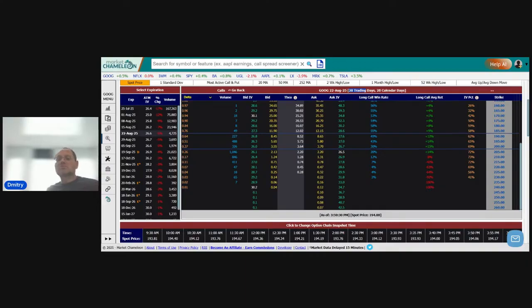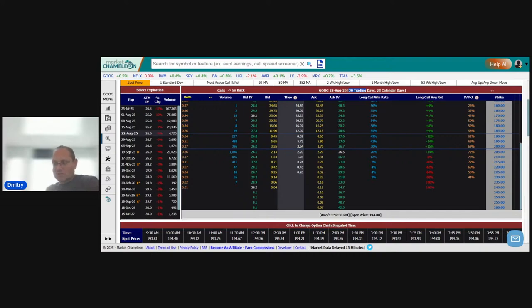Meaning that whatever the value was 20 days prior, at expiration the value of that option would have been higher. So in this instance, if the option is, let's say, around, we're going to take the midpoint, like 216, something like that, 217.